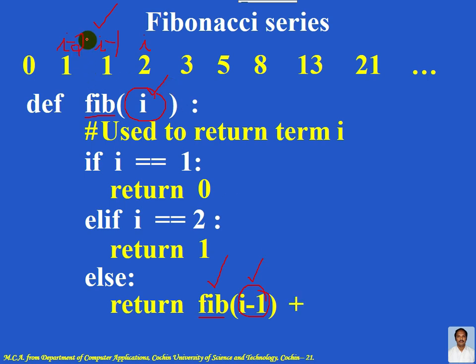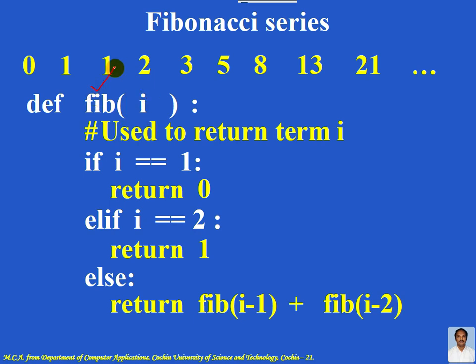How do you get term i minus 2? Call this function and pass argument i minus 2. So here return term i minus 1 plus term i minus 2. So this is how you get term i of the Fibonacci series.